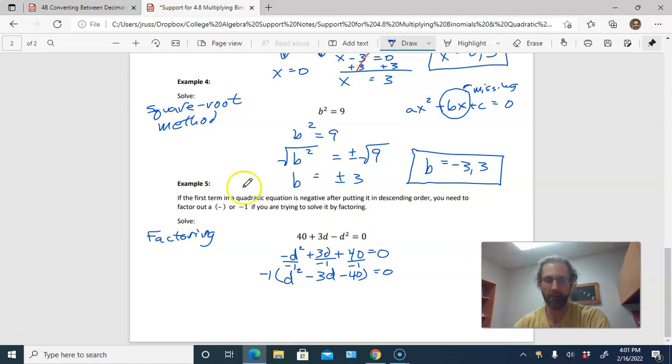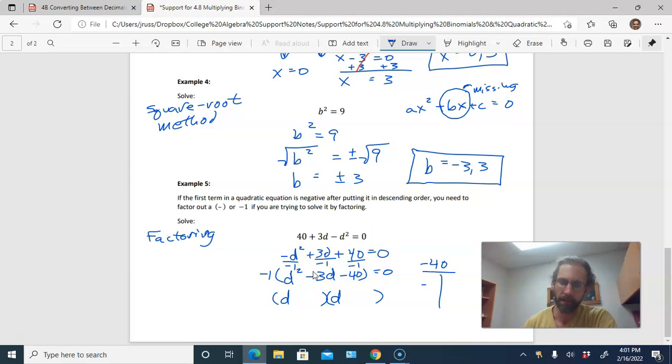And so now what we have left in parentheses, we can factor. And so if you remember, we open two sets of parentheses. We know we need a d times a d to give us back the d squared. And then we need to find factors of negative 40 that when combined will give us negative 3. So this is where we can make a little factor chart.